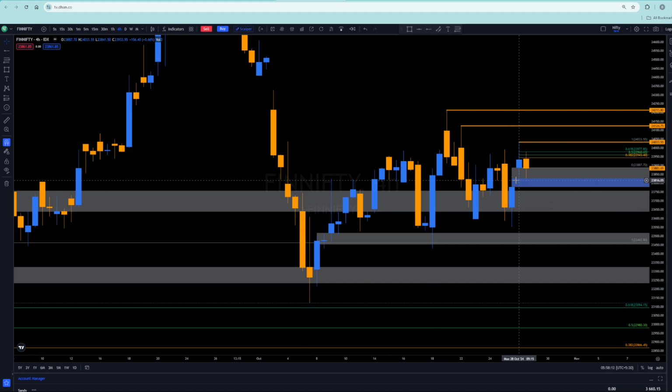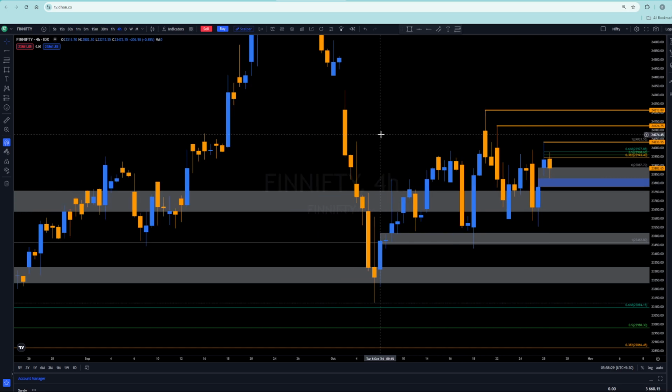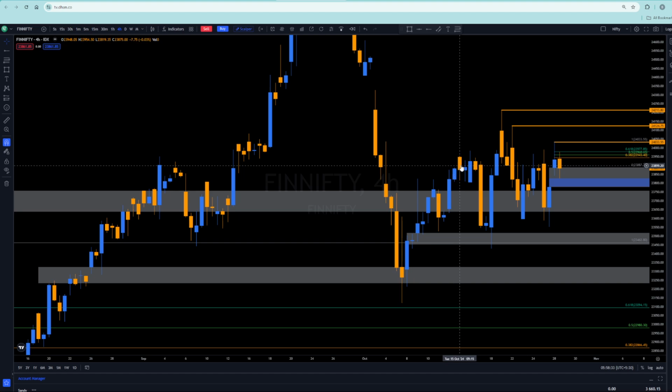Because what happened yesterday, the market gave a bullish move in the morning, but then at the end it ran in the opposite direction and completely negated that move. So it looks like it's going to be a bearish to sideways kind of expiry.